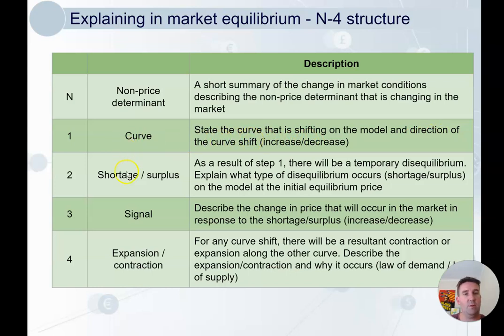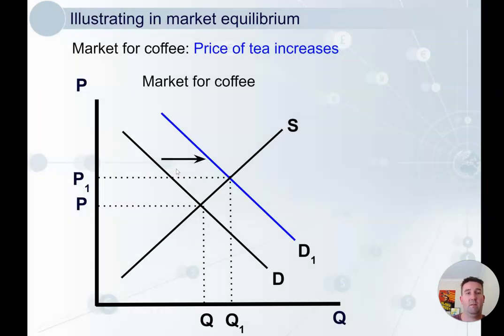Right, straightforward. Then we talk about the disequilibrium, the shortage or the surplus. So when one of those curves shifts, either demand or supply, you're going to get a shortage or a surplus at that original price. So if we go back, after the demand increase, demand is out here, but at the original price, supply is here.